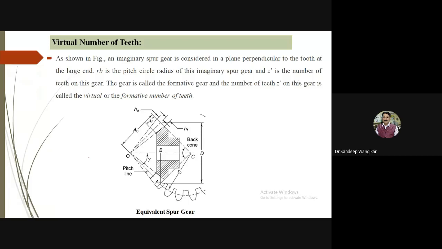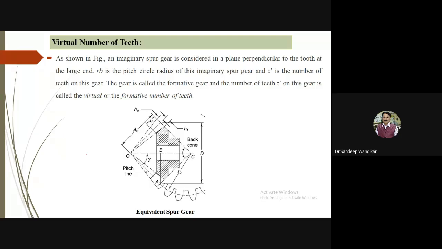Now let us move to the next topic, that is virtual number of teeth. As we have discussed, the same concept applies as in the case of helical gear. Before proceeding, let us revise the concept of helical gear. In helical gear, we cut the helical gear at right angle, and an imaginary spur gear is assumed in a plane perpendicular to the helical gear, and that imaginary spur gear we called the virtual gear.